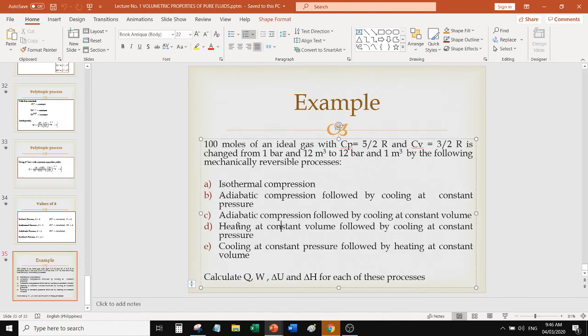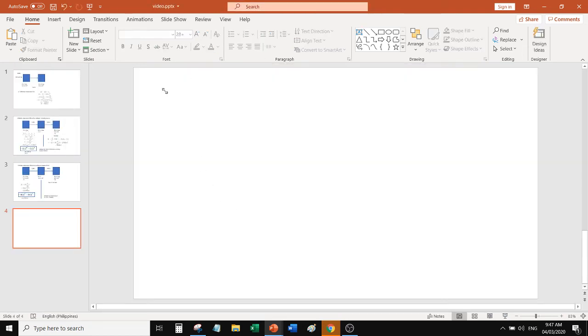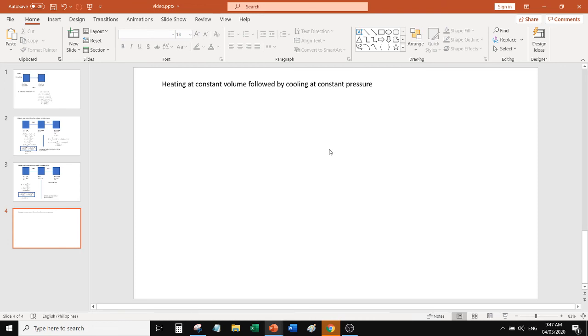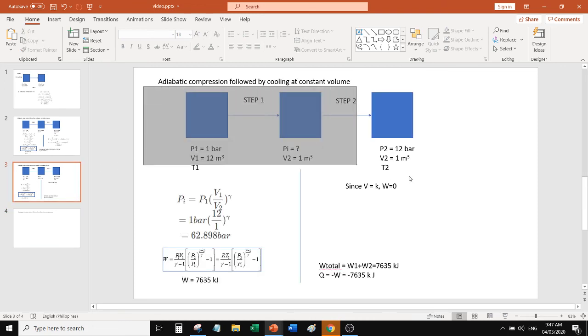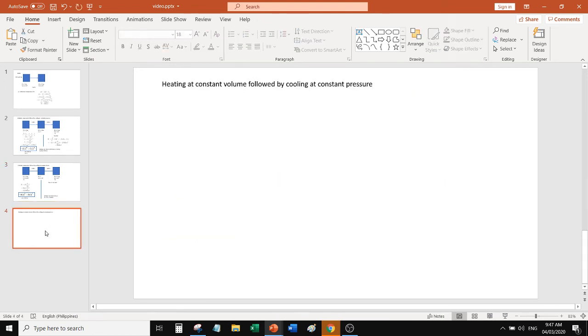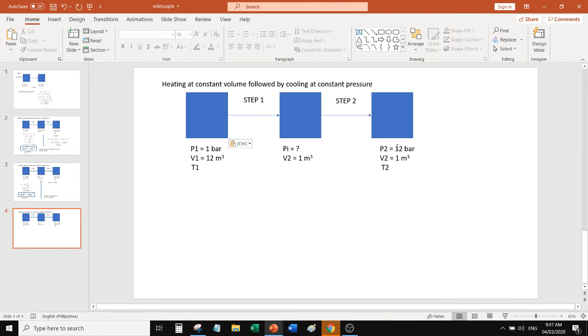Letter D is heating at constant volume followed by cooling at constant pressure. Okay, let's draw heating at constant volume.